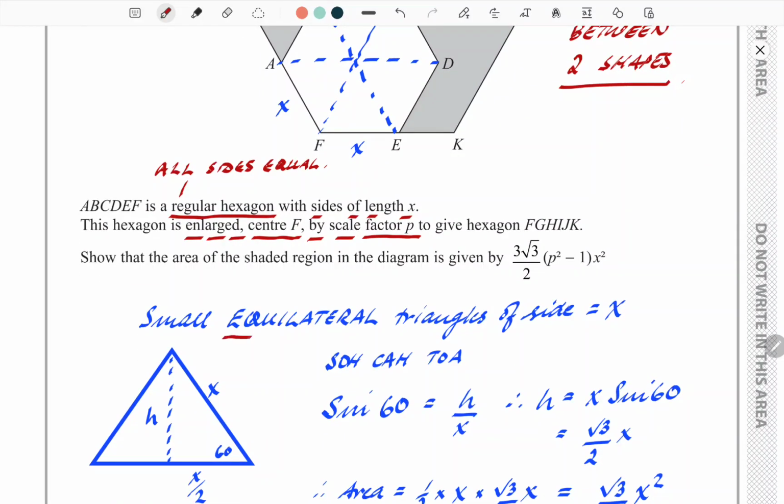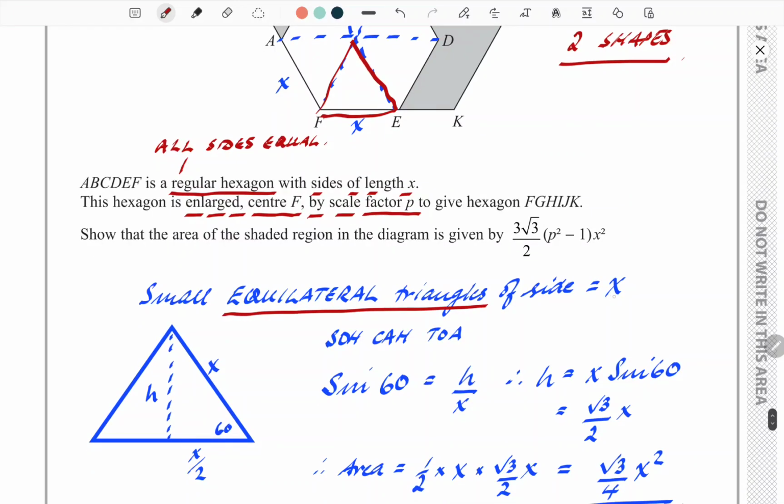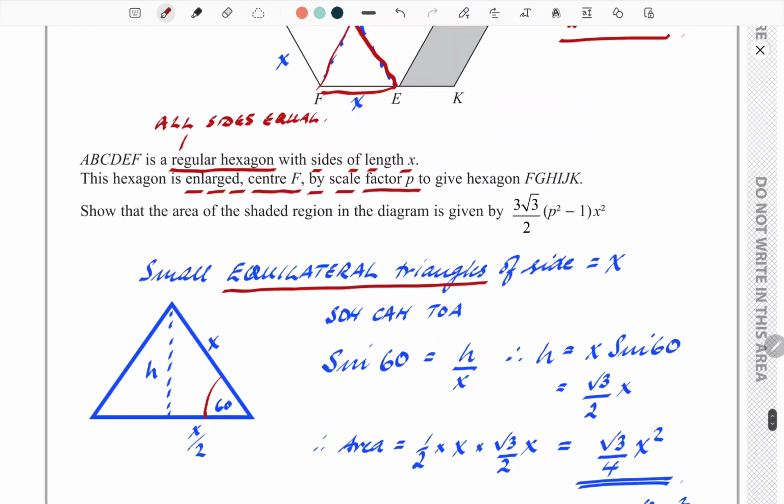equilateral triangles, all right? And that's what we have in the small one here. And effectively, you're looking at these triangles here, all right? And they have side x. Property of equilateral triangles is that the angles are all 60, okay? Very similar to the question that we did with the prism earlier on in the paper. We, again, in order to work out the area, need the height, all right?